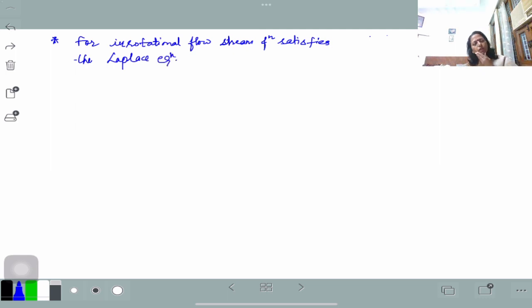So in case of irrotational flow, your stream function is a harmonic function.